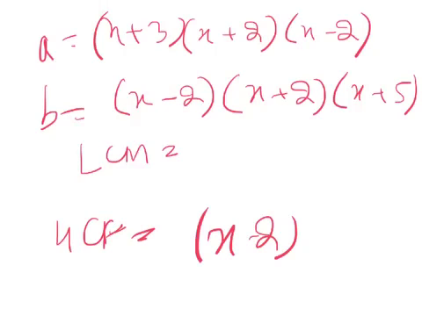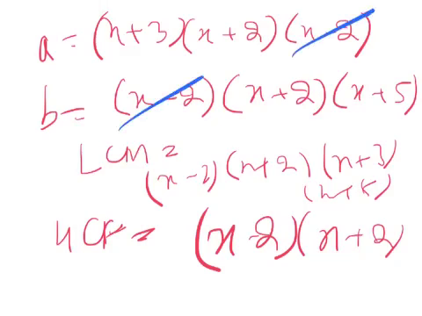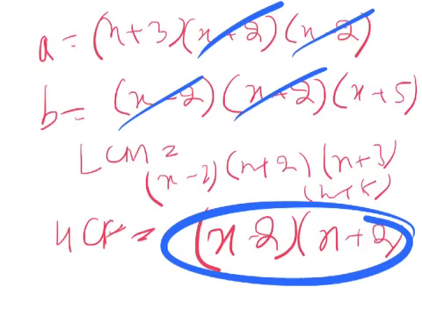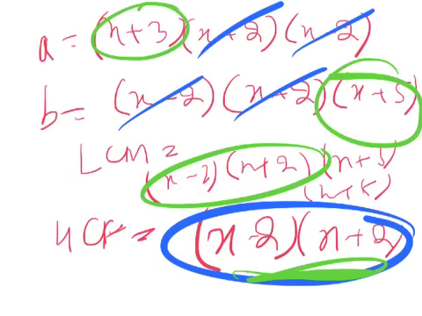X minus 2 is common, x plus 2 is common. The LCM is the same, and the HCF is with x plus 3 and x plus 5. So basically your LCM will be this HCF, and the LCM will obviously be the HCF into all the non-common factors.